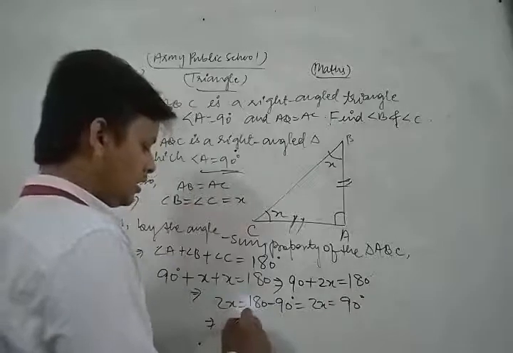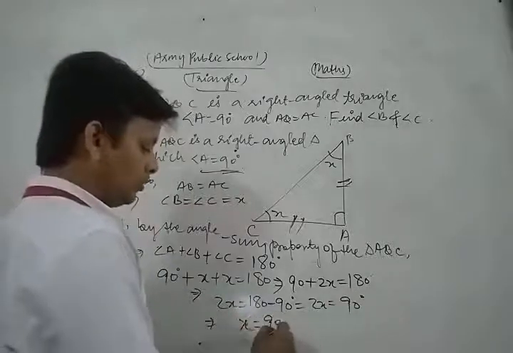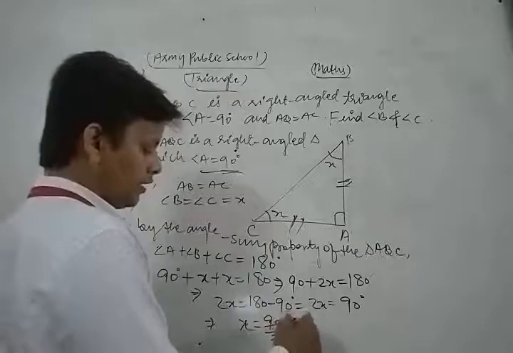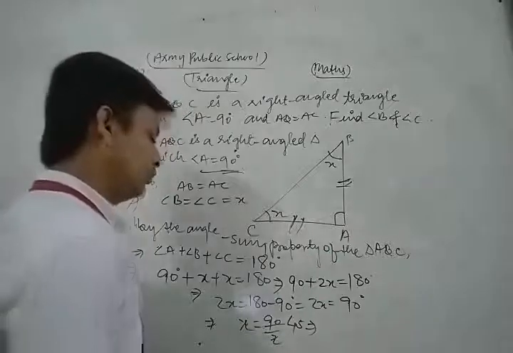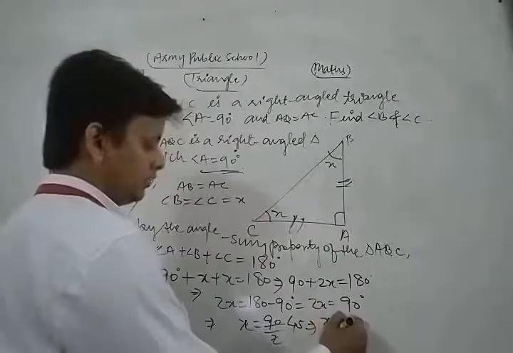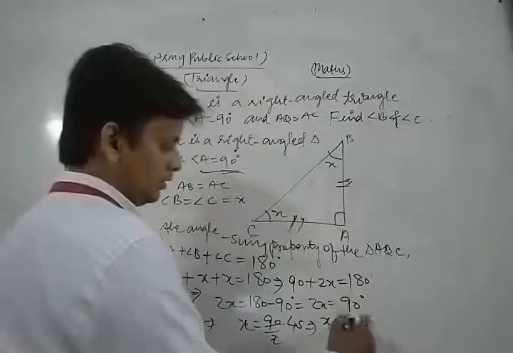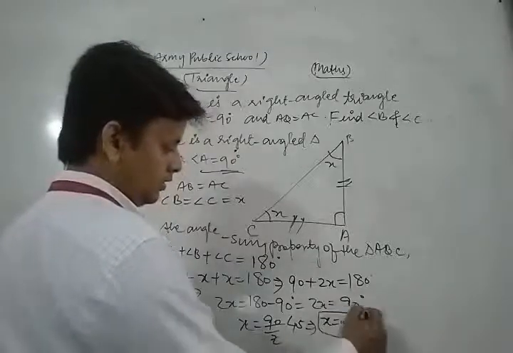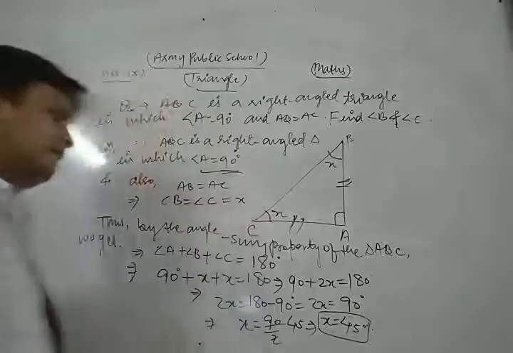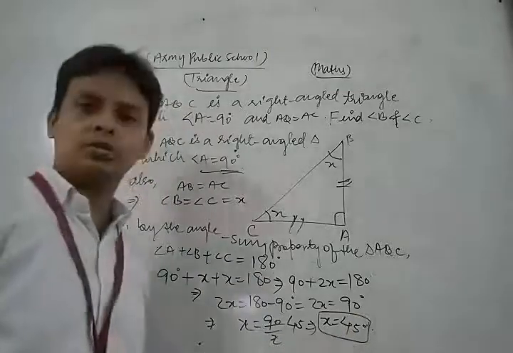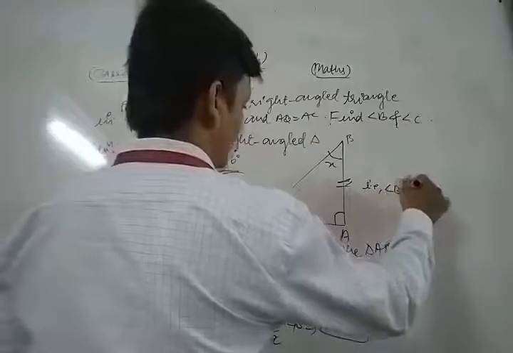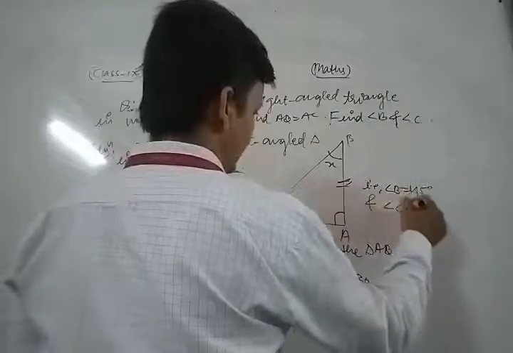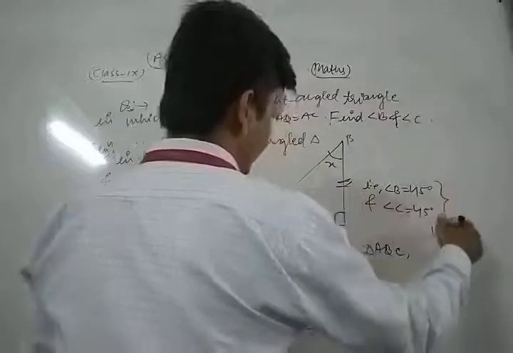Thus x is equal to 90 upon 2, which is 45. That is, x is equal to 45 degrees. Thus angle B is equal to 45 degrees, as well as angle C is equal to 45 degrees. This is the required answer.